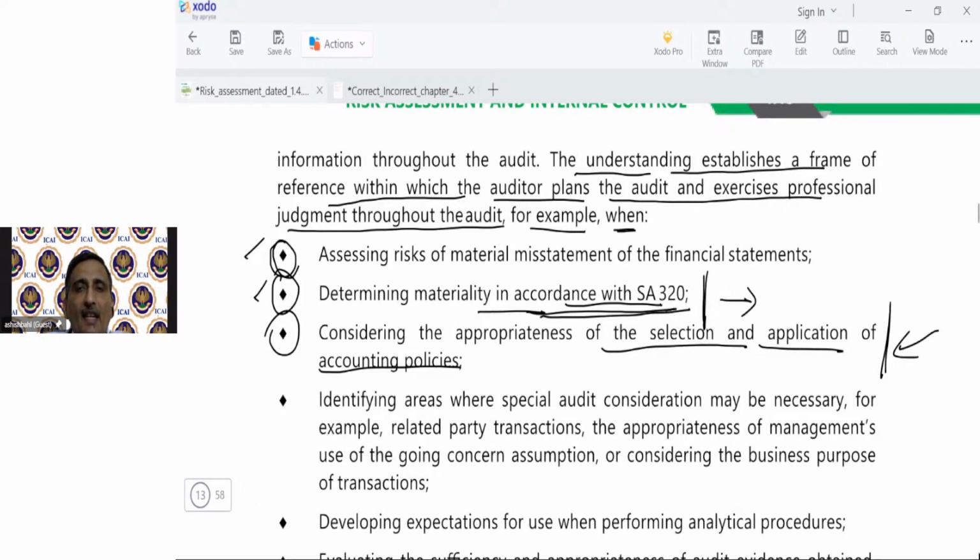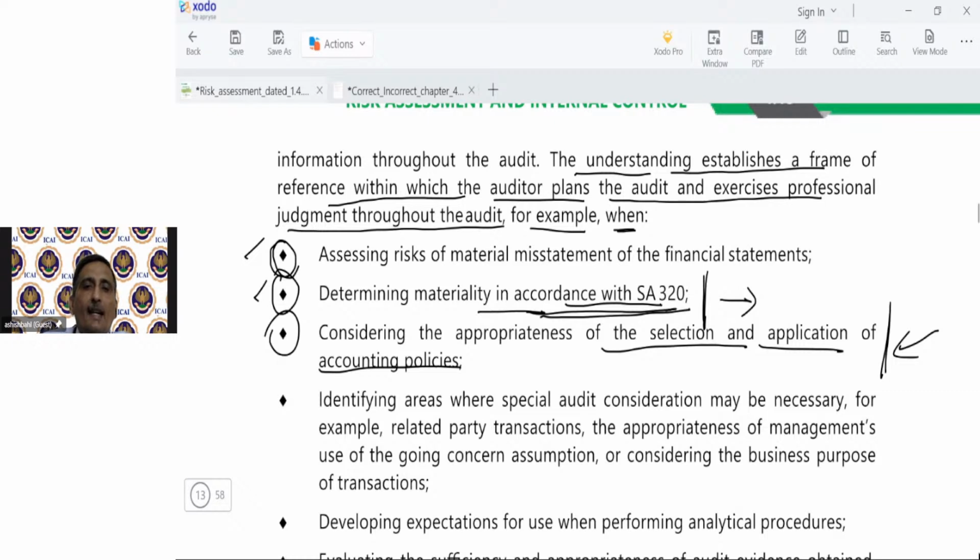So, if in the given circumstances the company adopts a particular accounting policy and the auditor is not clear about the nature of business of the company or the types of operations the company is in, then how is he going to assess whether a particular accounting policy adopted by the company is appropriate or not in those circumstances? Okay.